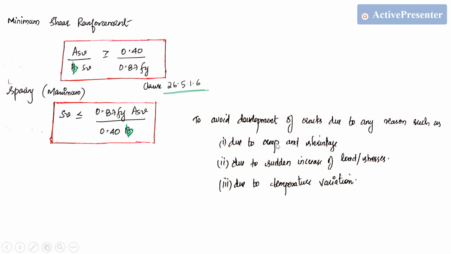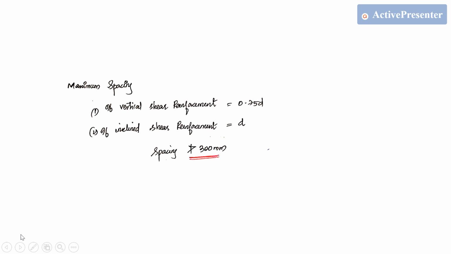Due to creep load and shrinkage load the member can crack, and to avoid that, we provide the minimum reinforcement. Due to sudden increase of load, stresses due to temperature variation, or to increase the ductility of the member, we provide this minimum reinforcement. Even though shear reinforcement is not required, we go for providing the minimum reinforcement. Now, the maximum spacing is given in clause number 26.5.1.5.